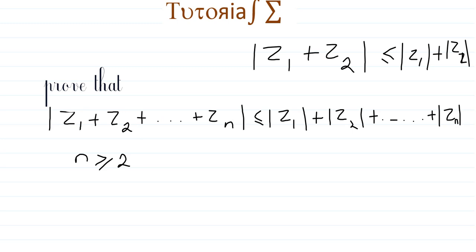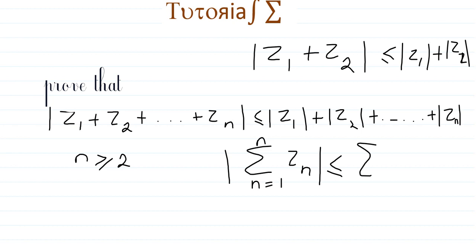So to better interact with this equation, we can say the modulus of the sum from n equals 1 to n of zn is less than or equal to the summation from n equals 1 to n of the modulus of zn. Right? So from here we can start.